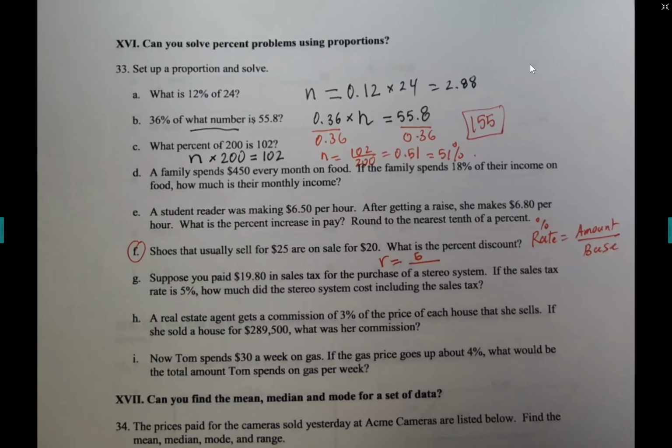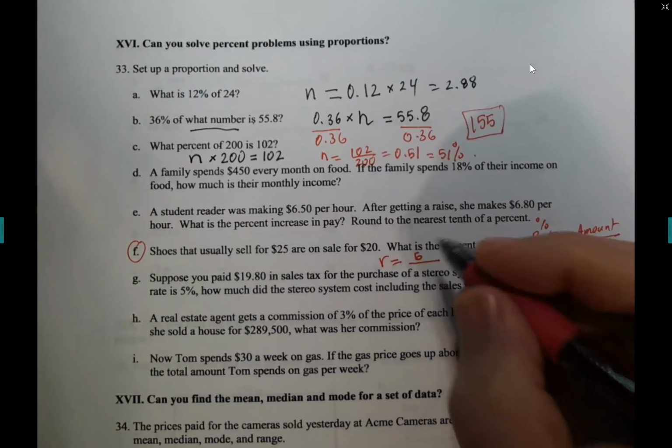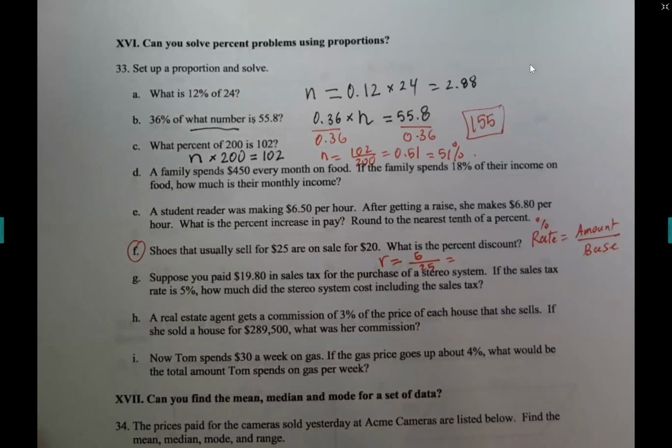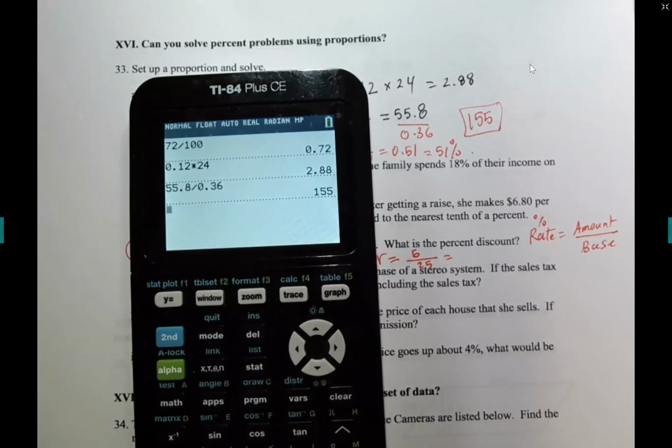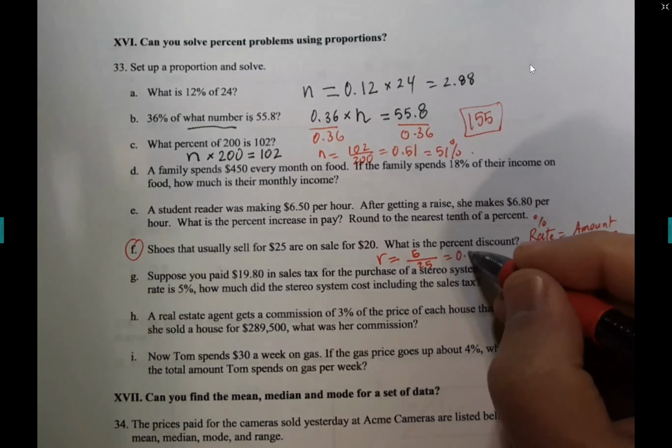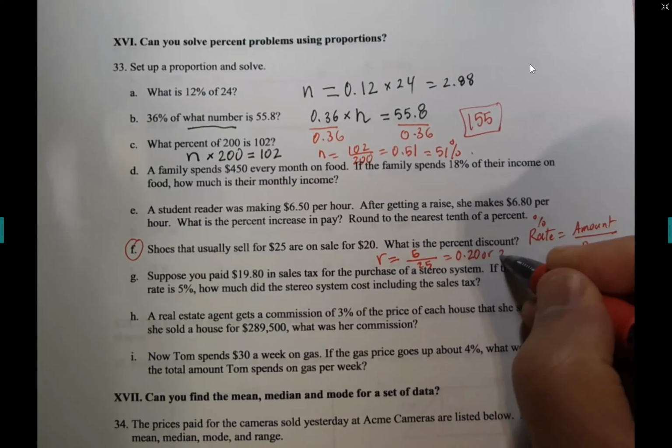What was the original price? 25, exactly. And if you divide 5 by 25, it's 0.2. Change it to a percent, it will be 20%.